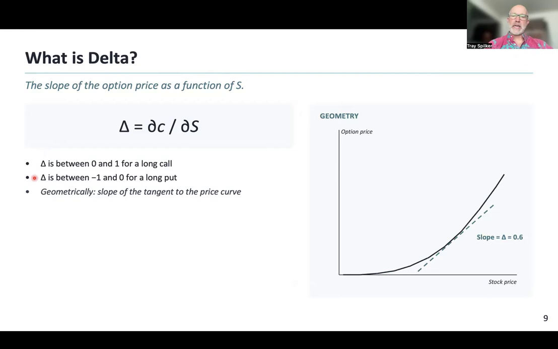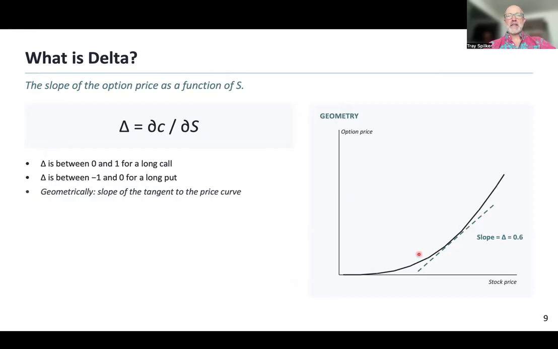If you take a look at the geometric picture over here, you'll notice that delta is the tangent line to the call price at the current stock price. The stock price is on the x-axis, of course, and we have the option price on the y-axis. The actual call price in this example is the curved line.